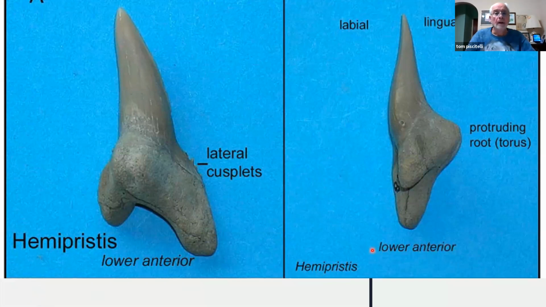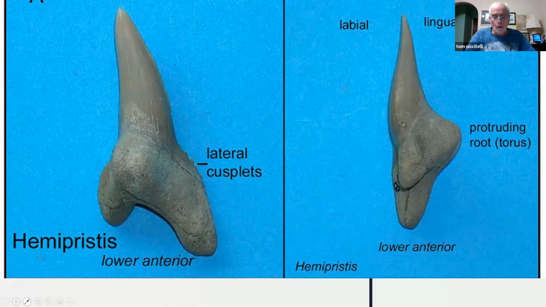That's right, yes. Lower, can you see that there? Lower anterior. An anterior tooth means it's one of the shark's larger front teeth. Shark tooth positions are coming up later. The protrusion, or the part that sticks out on the lingual or mouth side, helps prevent damage in the shark's mouth.